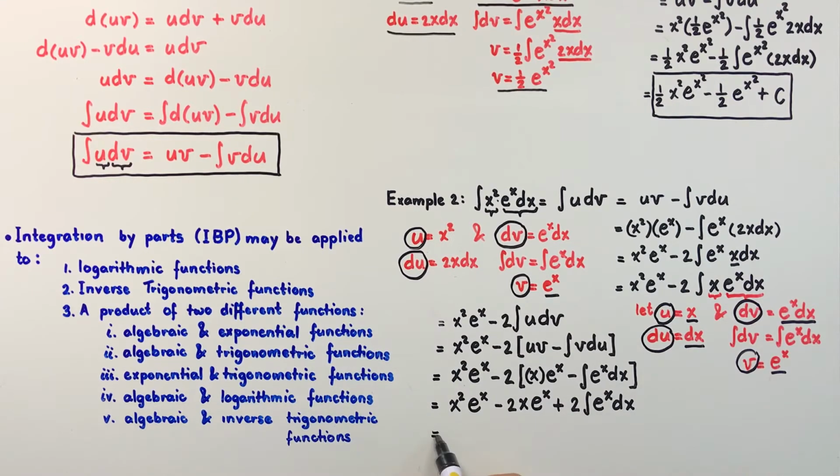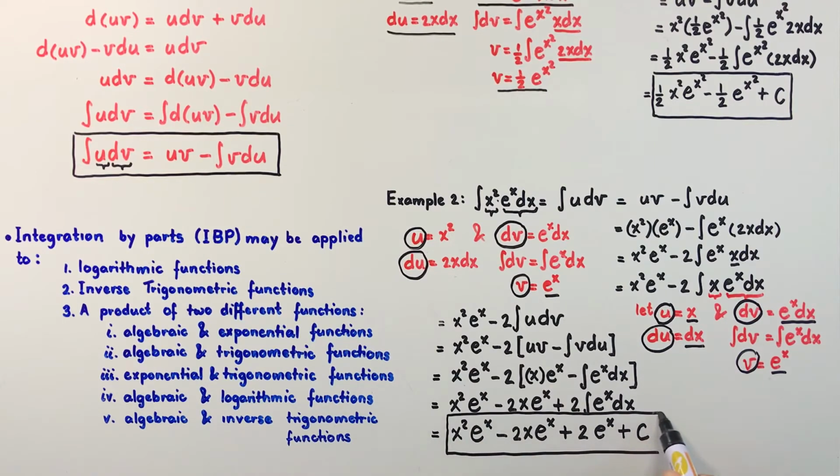So we have x squared times e to the power x minus 2x times e to the power x plus 2 times e to the power x, because the integral of e to the power x dx is e to the x. And you can check that the differential of e to the power x is e to the power x dx. And this will be added to the constant of integration c. So this is now our answer for this example number 2.